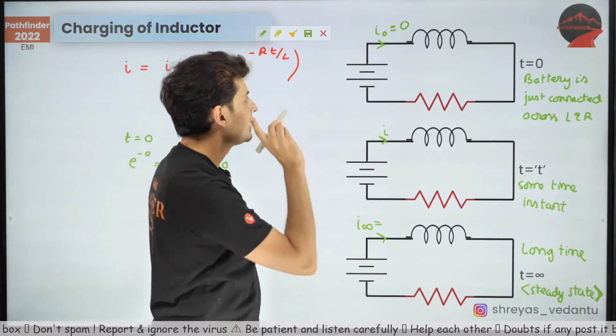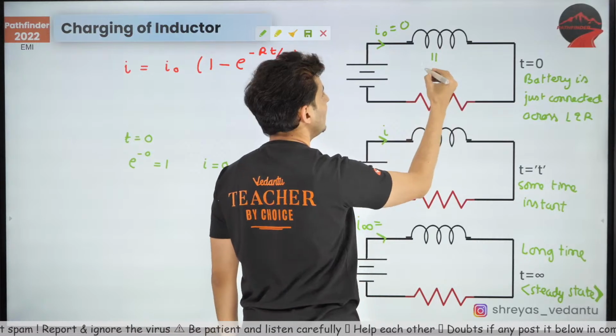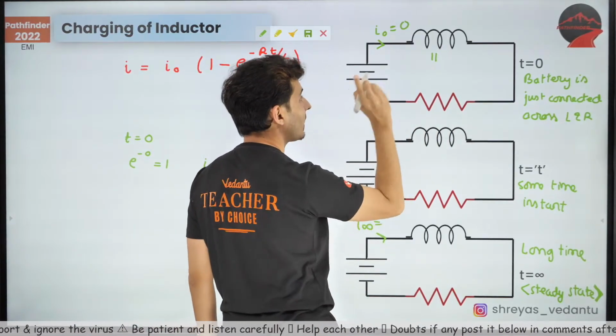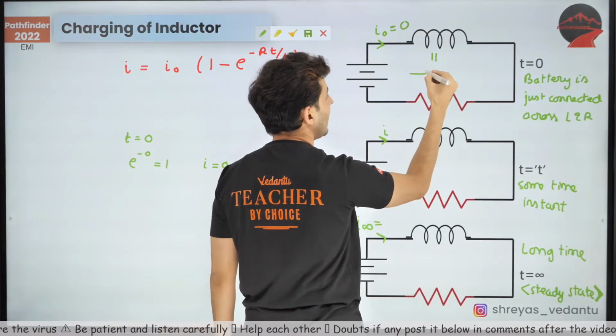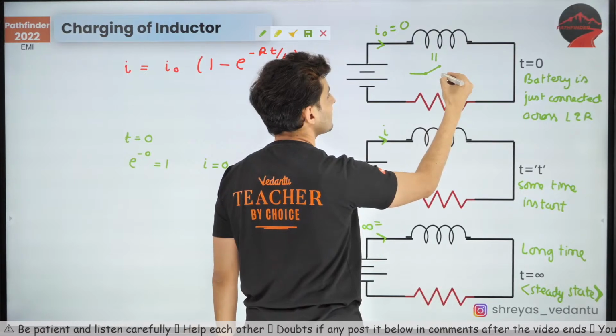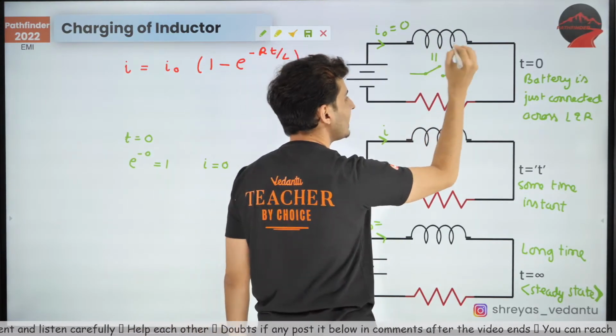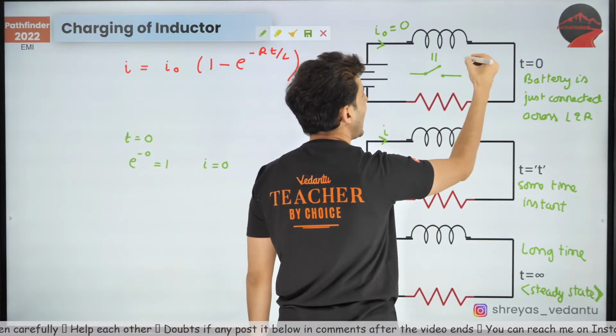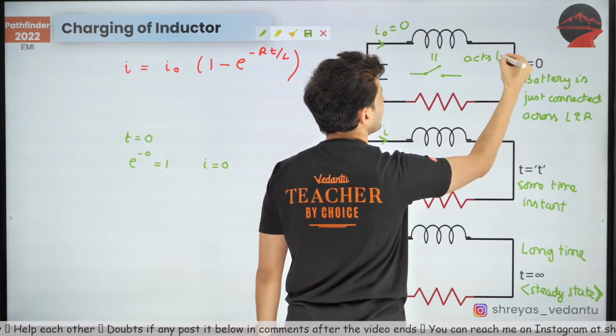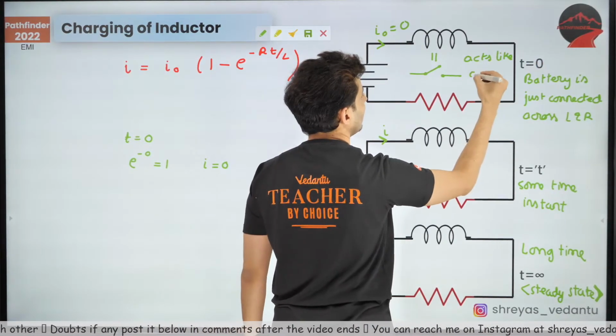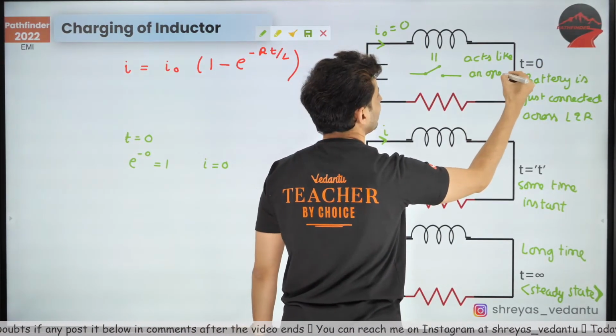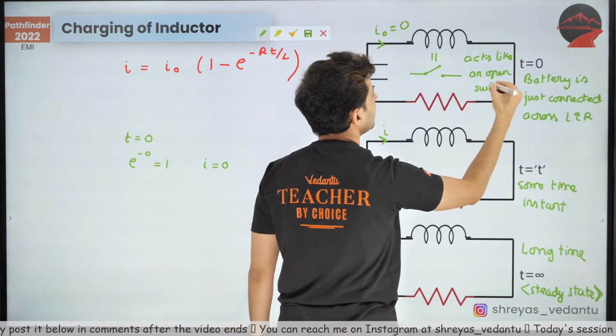That means the inductor acts like an open switch. It blocks the current. So when just connected, it acts like an open switch initially.